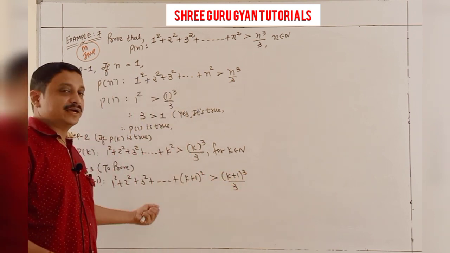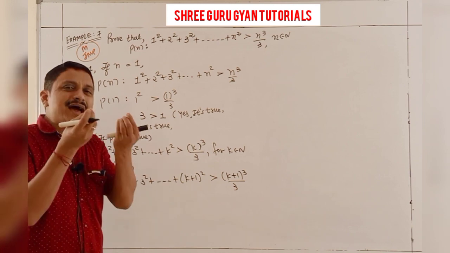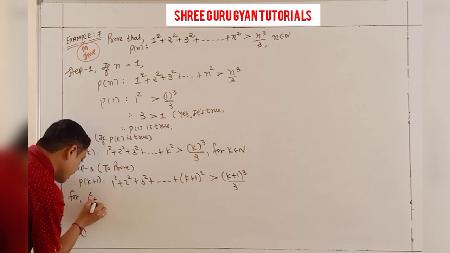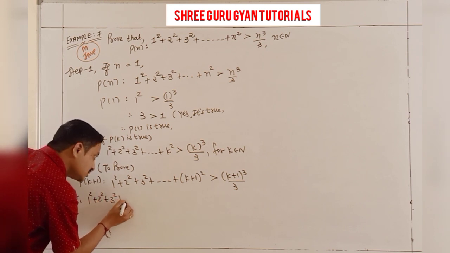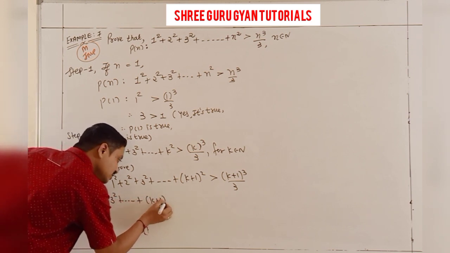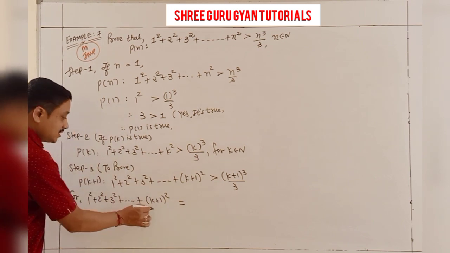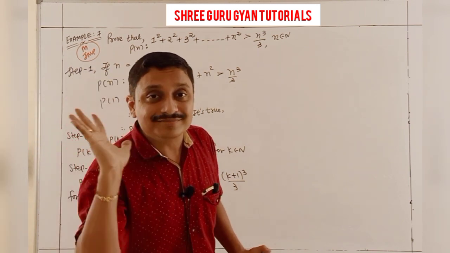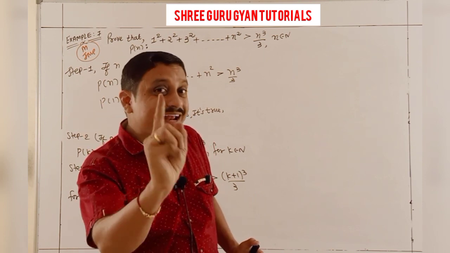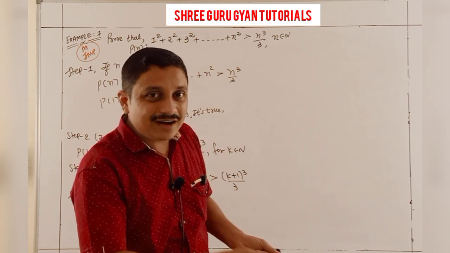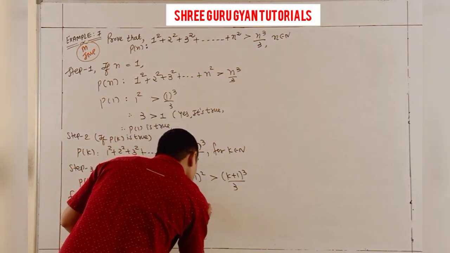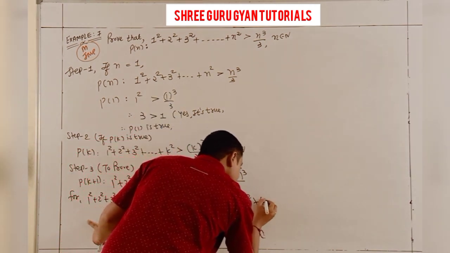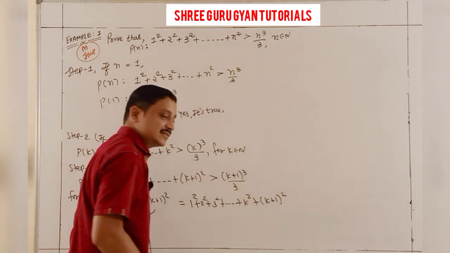And here starts my proving. The proving is very simple and very easy. So for a start, 1 square, 2 square, 3 square up to k plus 1 square is equal to, just think about one back term. Yes students, you are thinking correctly. What is the back term? One less. So 1 square, 2 square, 3 square up to k square, and k plus 1 whole square is the same.